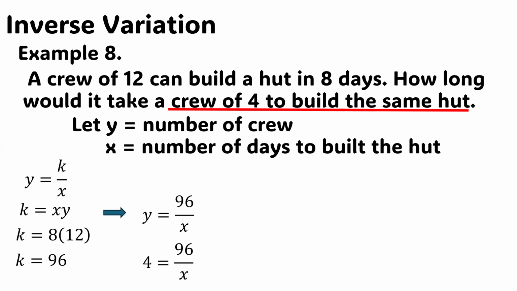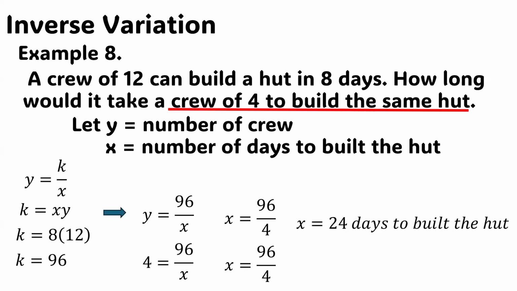Again, pagpapalitan nyo lang sila ng posisyon. Yung x dun mo ilalagay sa posisyon ni 4, si 4 naman dun mo ilalagay sa posisyon ni x. So therefore, this is x is equal to 96 over 4. So pag dinivide mo yan, 96 over 4, therefore you have 24 days to build the hut. Okay? So kung hindi naiintindihan, balik-balikan mo lang to para mas lalo mo siyang maintindihan.